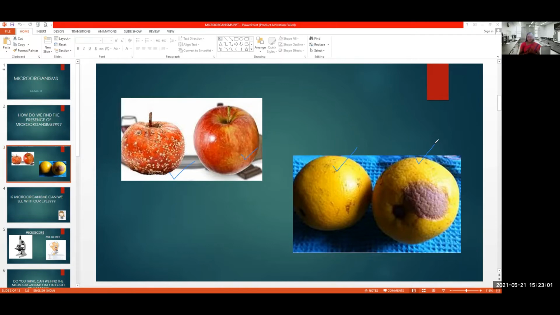After coming back, how will the banana be? It will be very black in color. And how will it taste? Somewhat sour. Yes, the taste will not be good. In the same way, if you eat this spoiled apple, the taste will differ.